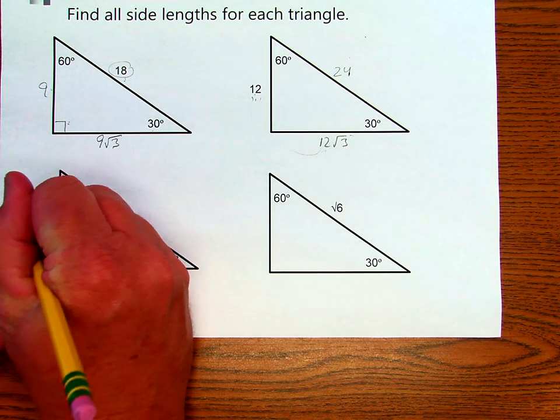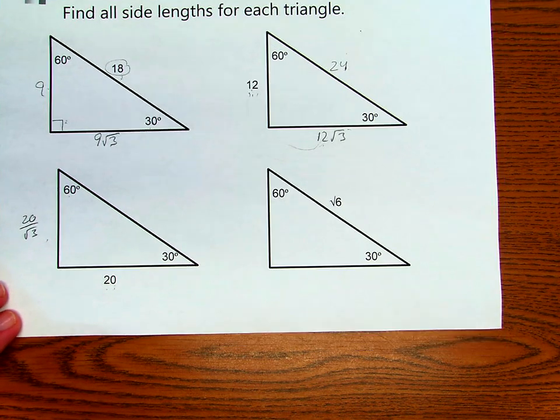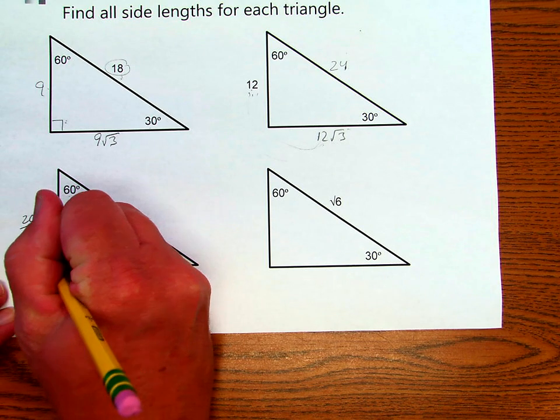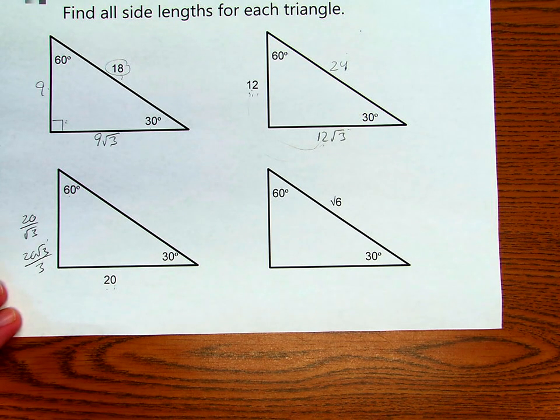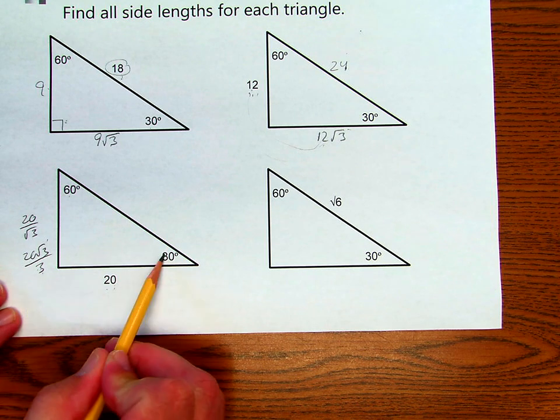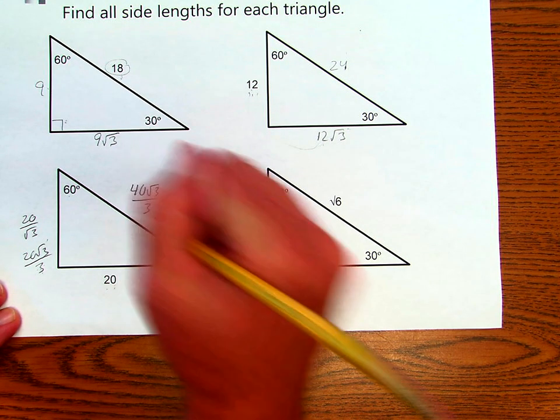So for this particular problem, when you divide by root 3, it gets a little bit messier. You really shouldn't be leaving final answers with radicals in the denominator, so that gets rationalized to 20 root 3 over 3. Now that we know the shortest side, the one across from the 30, you double it to get the hypotenuse.